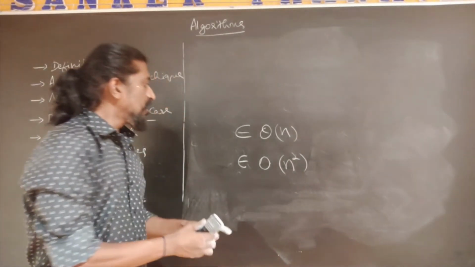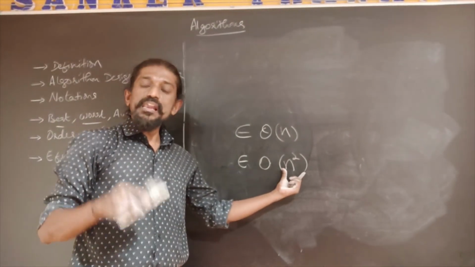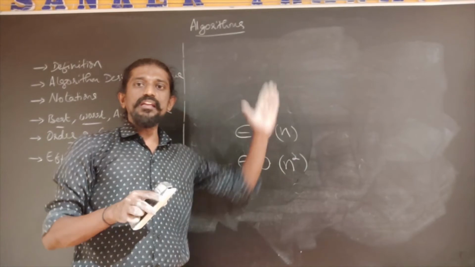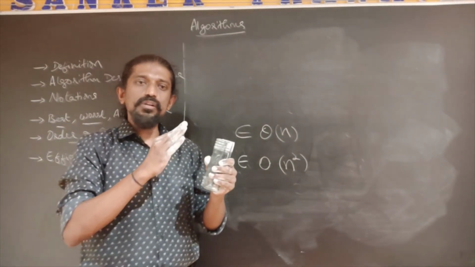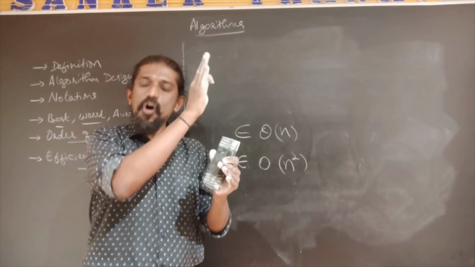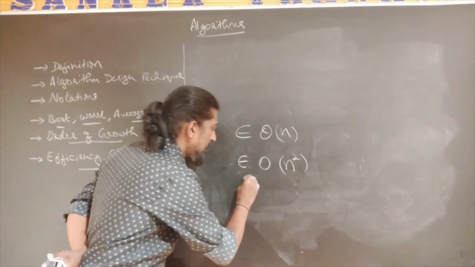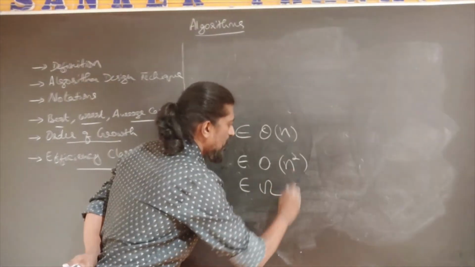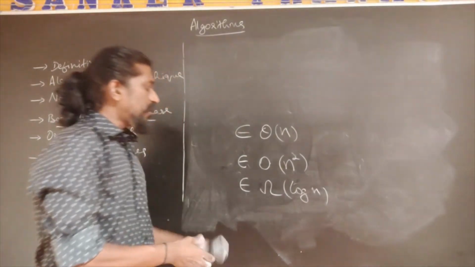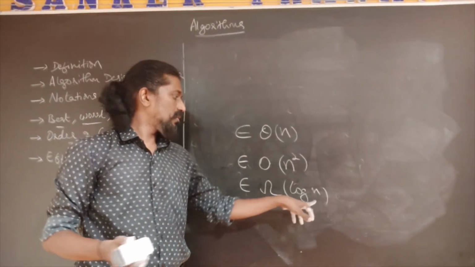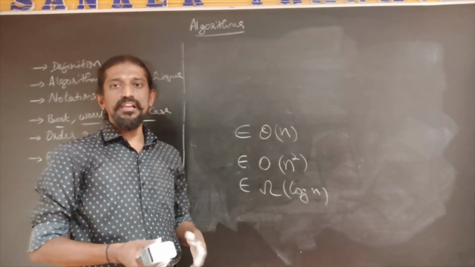It means the algorithm we have designed has an efficiency less than or equal to the quadratic curve, meaning the effort is almost equal to a quadratic algorithm or less, but never more. Or we can say it belongs to omega of log n, which means the minimum effort we have to put in is logarithmic, or it can be more than that, but it cannot be less.